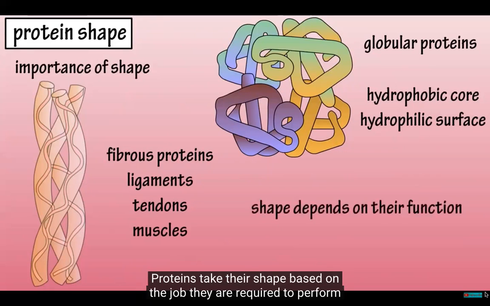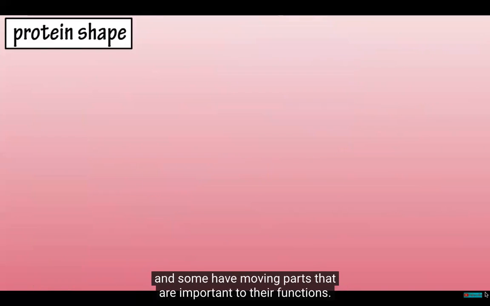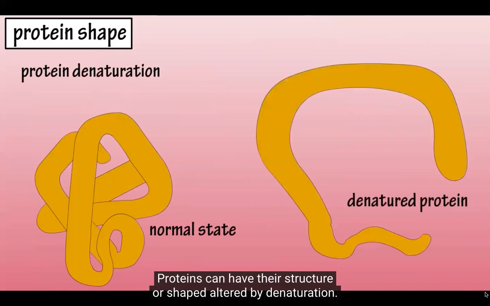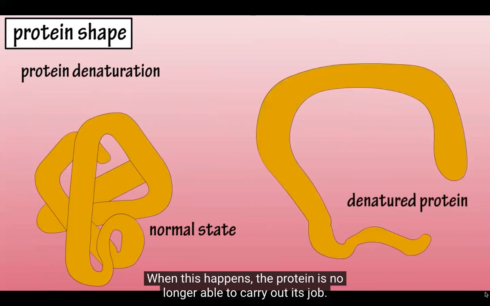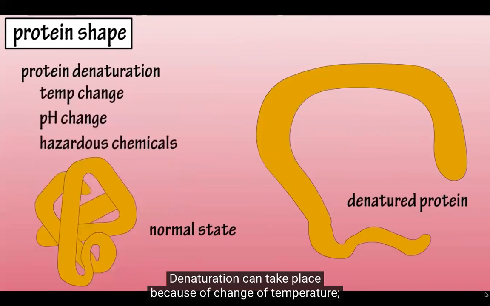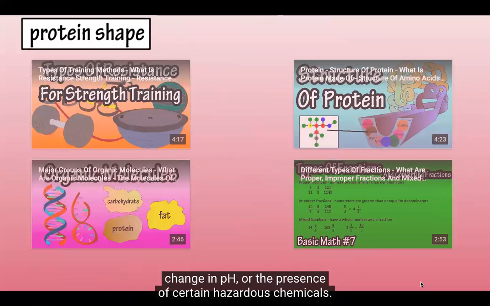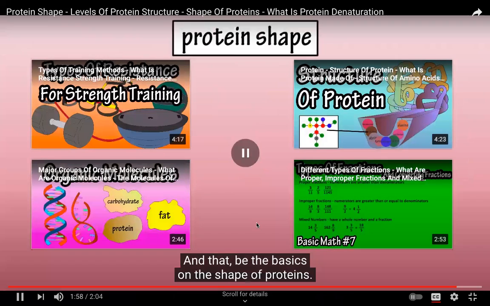Proteins take their shape based on the job they're required to perform, and some have moving parts that are important to their functions. Proteins can have their structure or shape altered by denaturation. When this happens, the protein is no longer able to carry out its job. Denaturation can take place because of change of temperature, change in pH, or the presence of certain hazardous chemicals. And that be the basics.